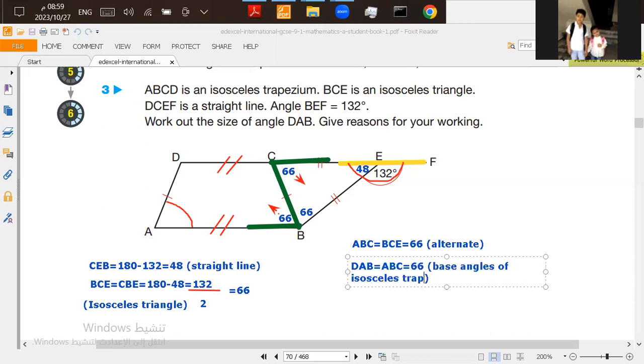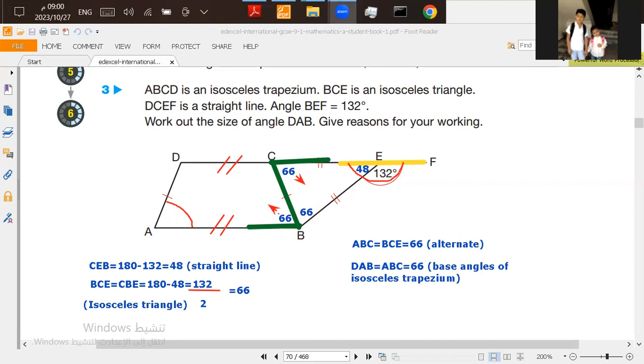Easy. Okay, so that's the final reason for giving the value of the angle DAB. So angle DAB is 66 because these two are equal, being the base angles of an isosceles trapezium. And this is how you answer a question like this.